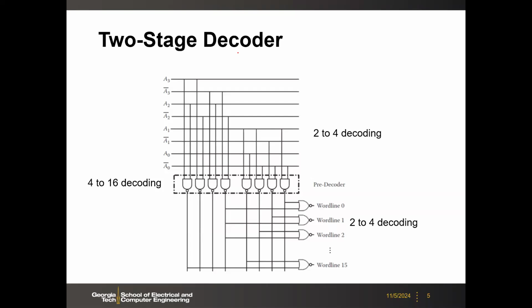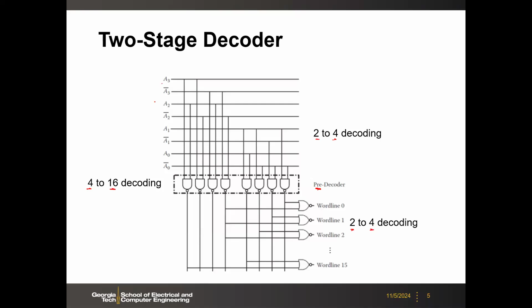Here we just show one example. Let's say the input is 4 bits; after the decoding, you will get 16 outputs. But if you want to simplify this, you can do 2 stages. This will help with the area, okay? So you can do the first 2-to-4 decoding. This is the pre-decoder stage. And then after that, you do 2-to-4 decoding again. So you do 2-stage decoding.